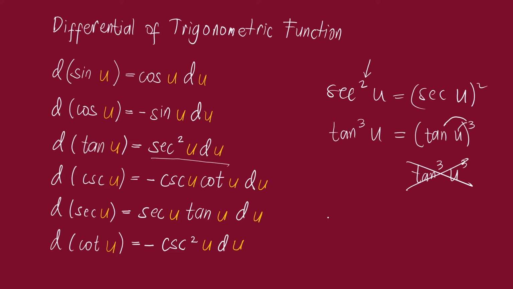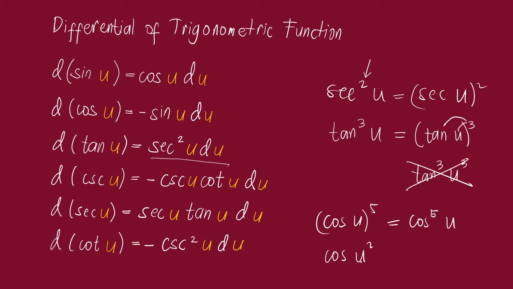Instead, if you have, say for example, cosine u raised to 5, you cannot distribute the 5 to the cosine and to the u. You can only rewrite this as cosine 5u. Take note of that. And also, if you have, say for example, cosine u raised to 2, now the power of 2 is only the power of u.